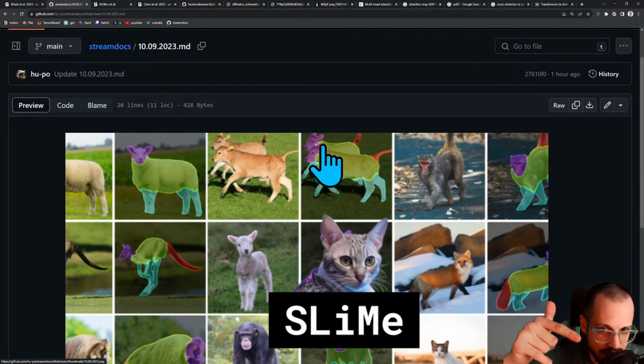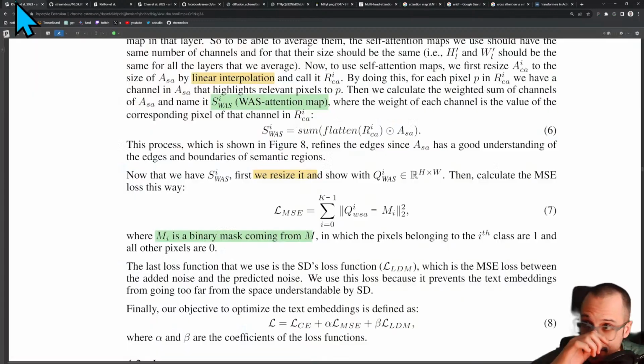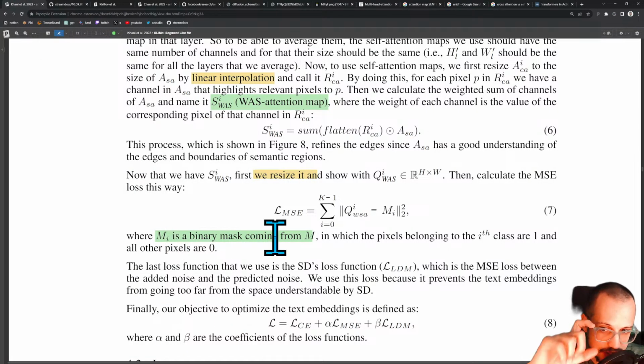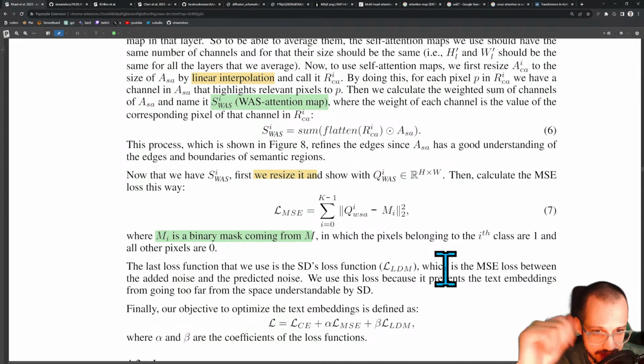You could think of this as basically just being 4 different masks, right? You can imagine an image that looks like this, but it's all black and the only thing that's white is the head. And you can imagine an image that's all black, but the only thing that's white is the body. So any segmentation image is just a bunch of masks. That's another way of representing that same exact thing. So that's what this is. M_i, there's going to be I total masks, where basically you have I classes.